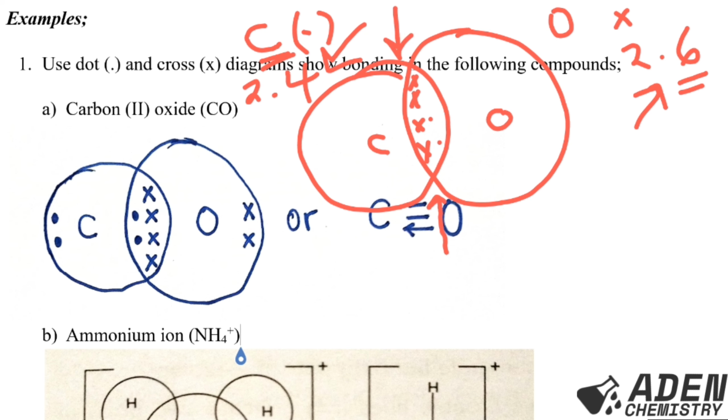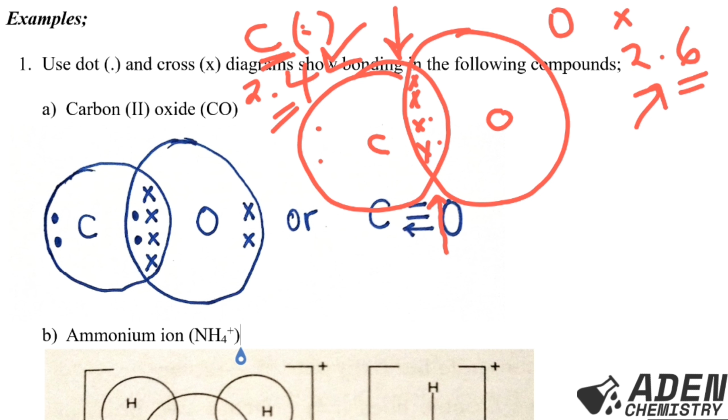Next step, we count the atom's energy level. Carbon was having 4 dots, but how many dots do we have now? We have only 2 dots, one here and the other one here. So that means this carbon needs 2 more dots. Then we go to oxygen. Oxygen is having 6 crosses, but now I see 1, 2, 3, 4 crosses only.